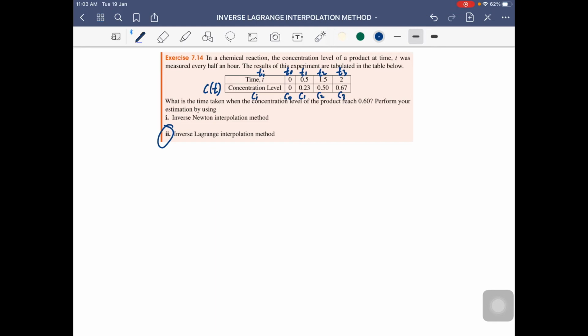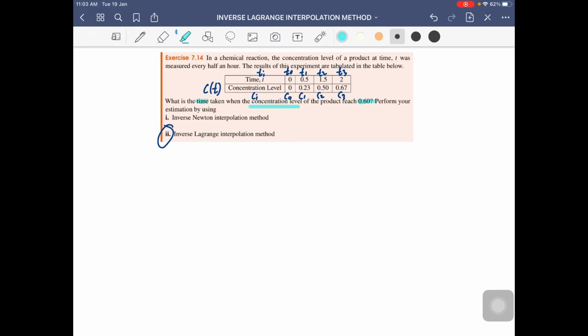You have the values for your concentration, and now you want to estimate your time. That means C(t) is your function, t is your x. You must be clear about this, because if you are not clear, your calculation will have a mistake.